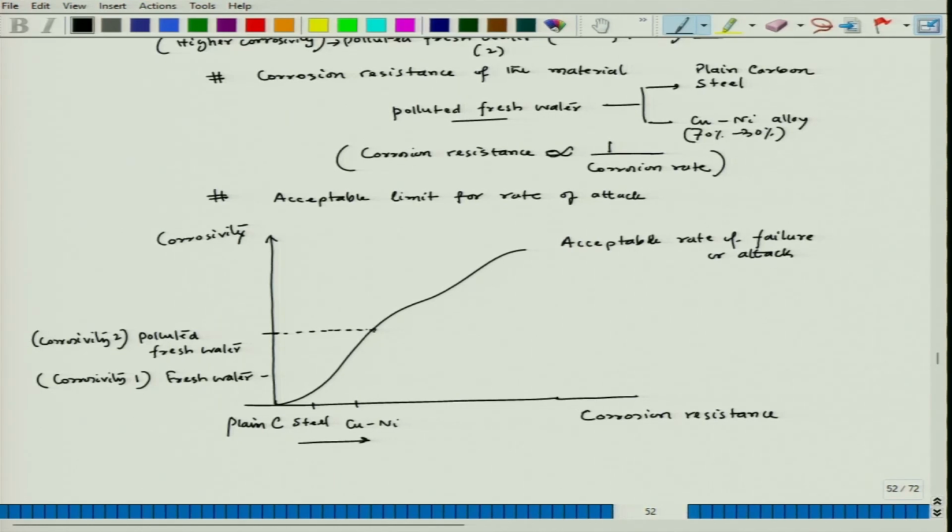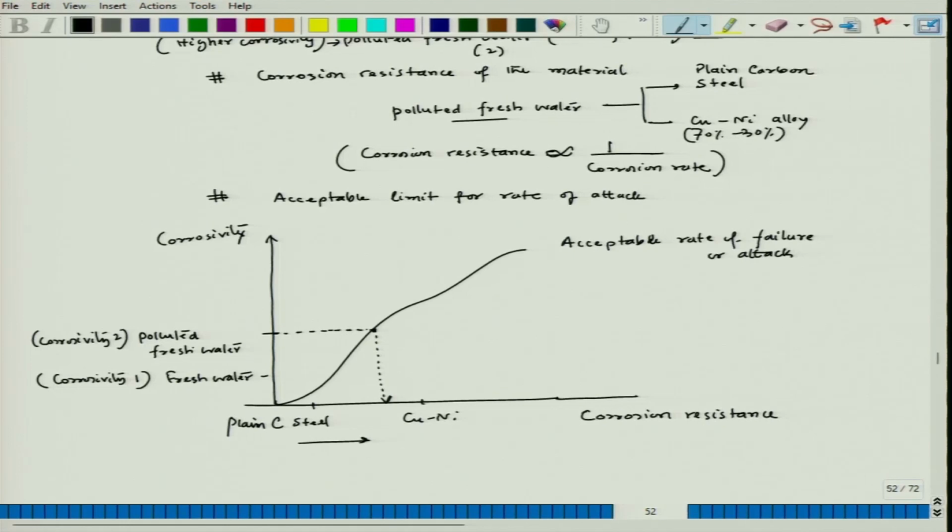Now, corresponding projection on the x axis, sorry, I made a mistake. Let us say copper nickel alloy is here.